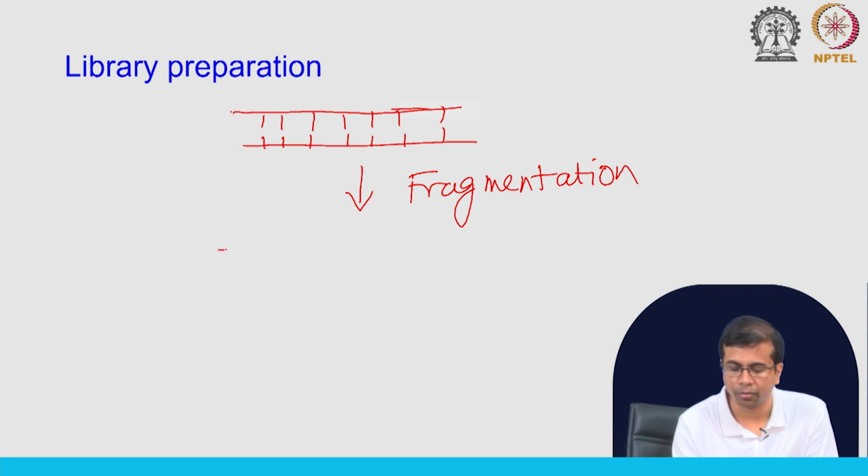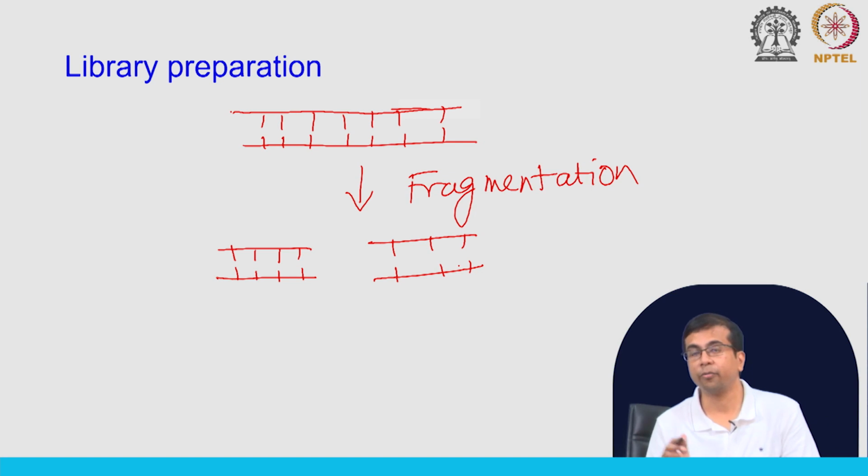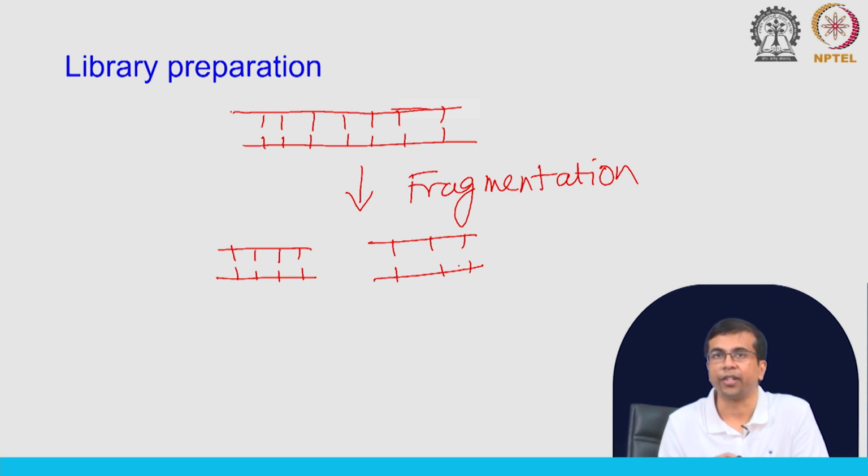We generate small fragments from the genome, and this is required because again we cannot sequence the full genome in one go. But in the case of SMRT sequencing, these fragments could be bigger compared to Illumina or Roche, because we can now have reads of 1 kb size or even more. So we can have these bigger fragments generated, but nonetheless we need this fragmentation step.